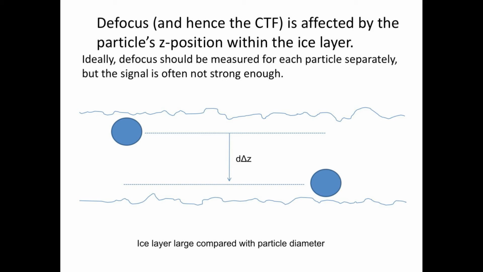So if you don't do it, then the cumulative effect is represented by the envelope function, which really brings down the signal. If it brings down the signal, it means that the signal-to-noise ratio gets worse toward the higher resolution.